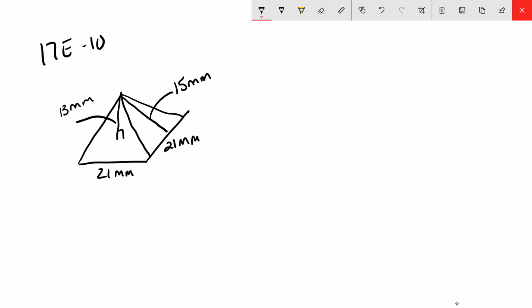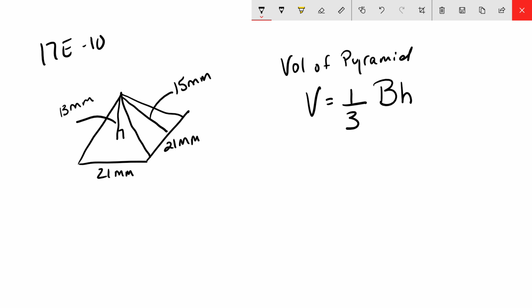Okay, I'm going to remember the volume of a pyramid equals 1/3, and the formula they give us is capital B H. This capital B equals the area of the base, which is base times base, okay?